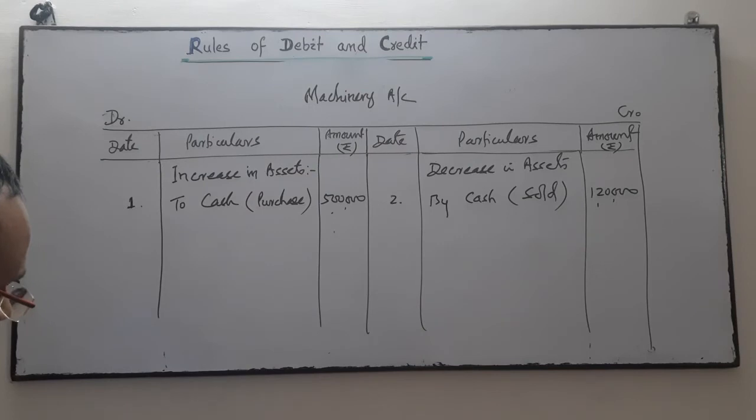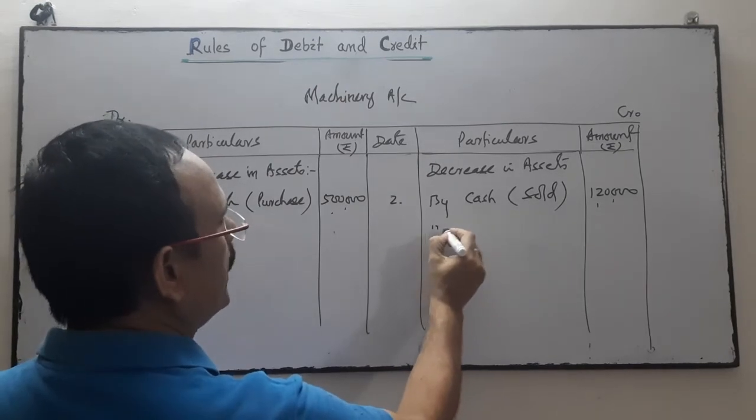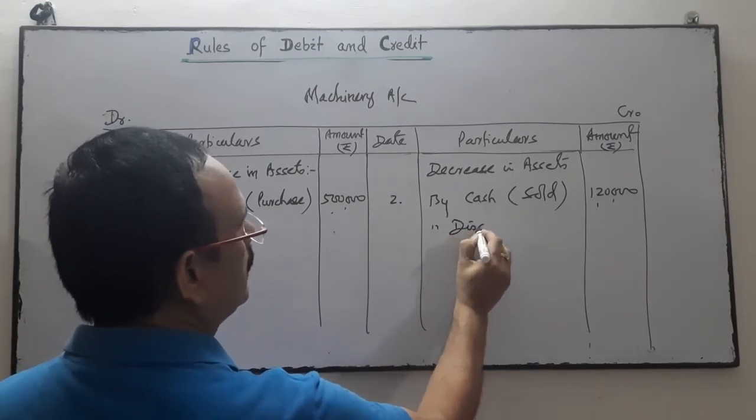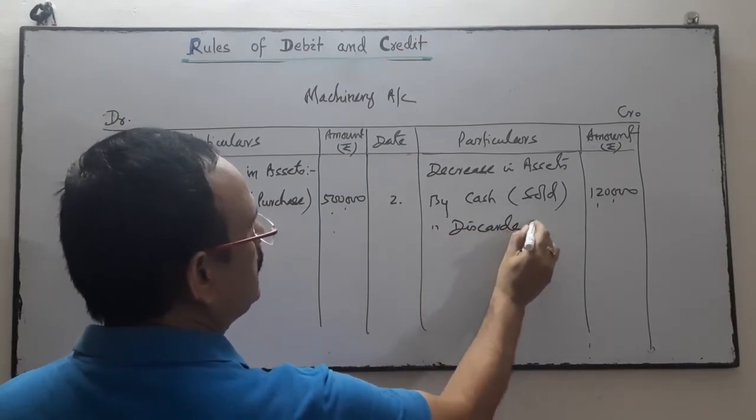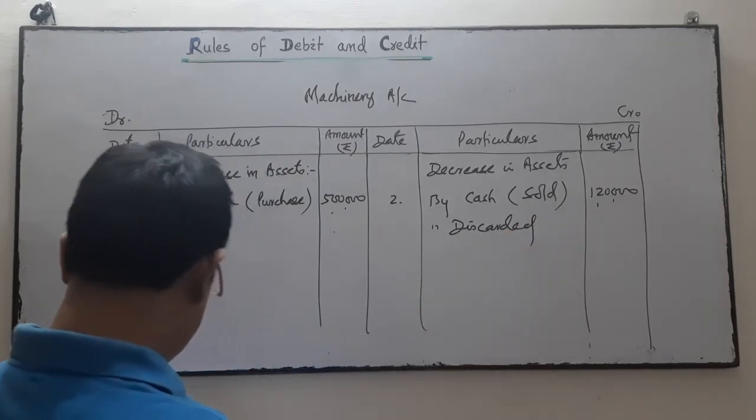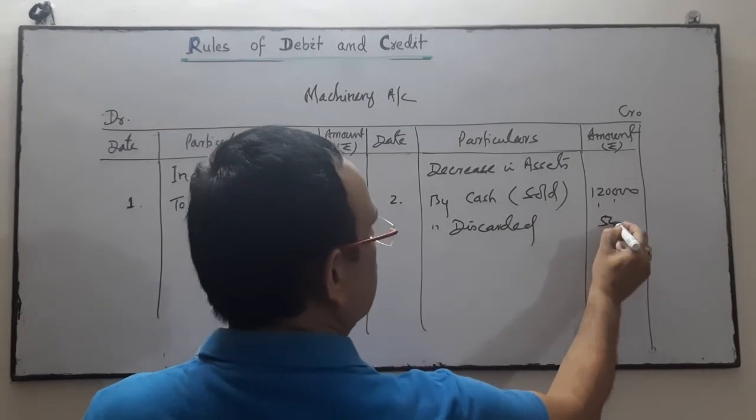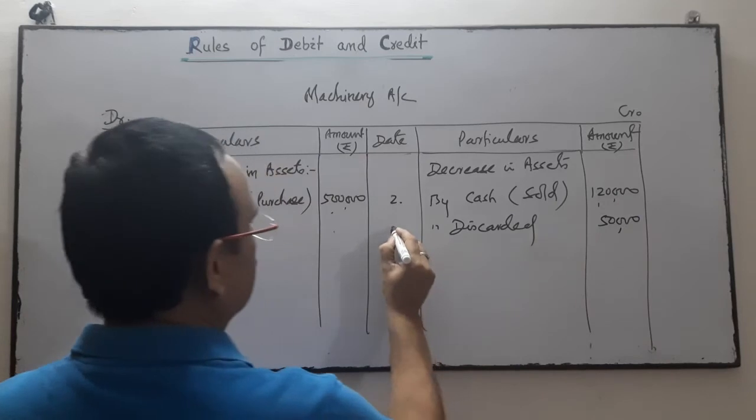Next is machinery discarded. Discarded means useless, it is wasted. So by discarded, 50,000. Machinery is discarded, useless.